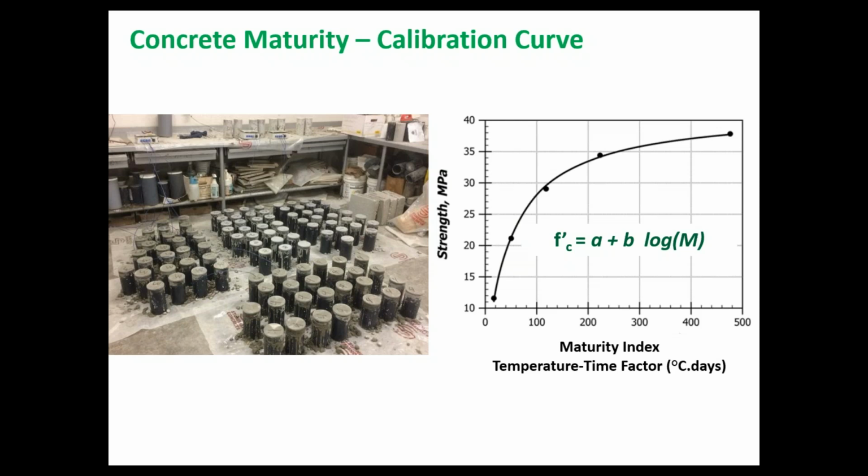So there you go. This would be your correlation equation or calibration equation, where you have A and B as the actual numbers. And from now on, if you have the maturity index of that concrete, you basically plug that maturity index value in this equation, and you'll get the strength on the left side.